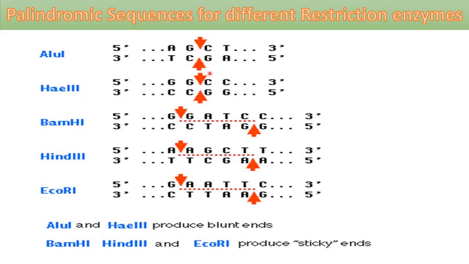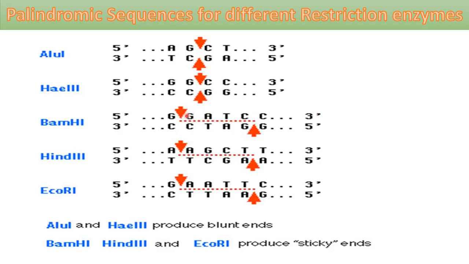Now the ends of DNA produced by these enzymes are different from the ends produced by the other enzymes, as you can see from the difference in their cutting pattern. These three enzymes, BamHI, HindIII and EcoRI, cut DNA like this. One strand will have an overhanging structure, okay.